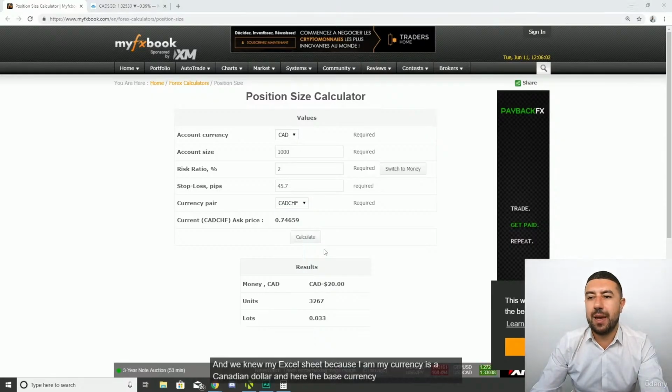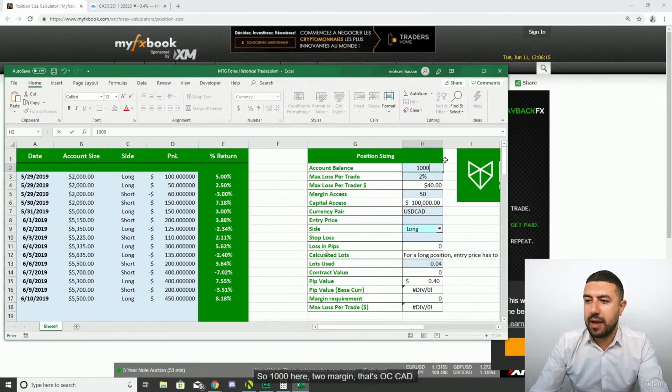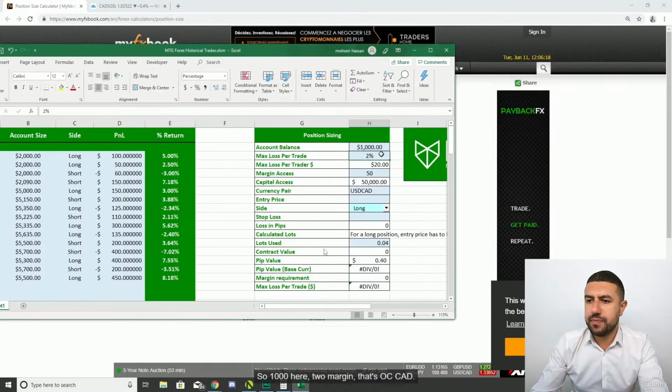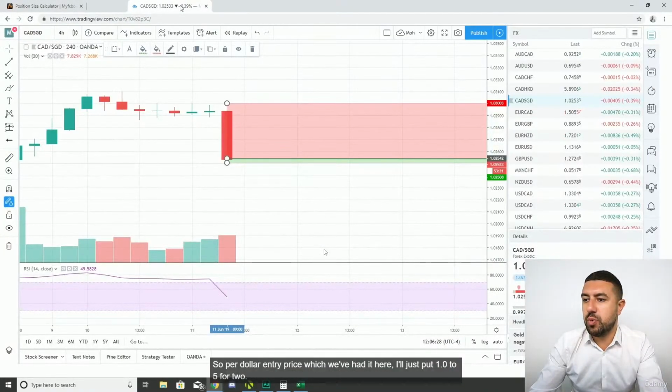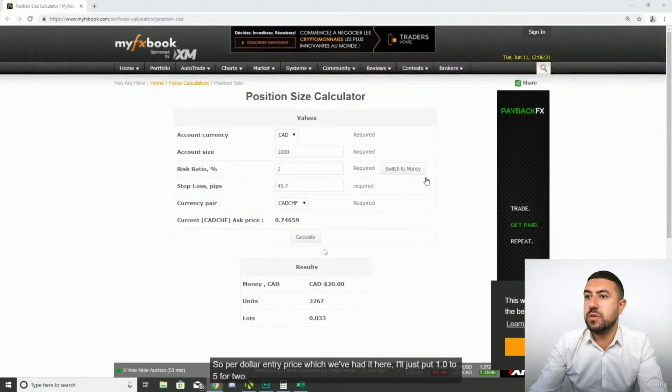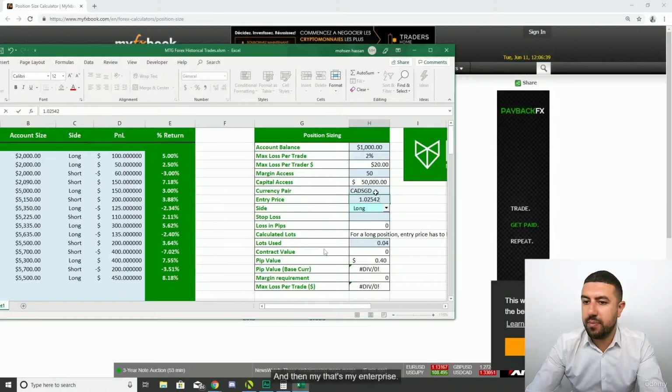We can use my Excel sheet because my currency is Canadian dollar, and here the base currency is CAD. So we can use my Excel sheet to do that, and we'll get the right value, no problem. So 1,000 here, 2 margin, that's okay. CAD Singapore dollar, entry price, 1.02542.